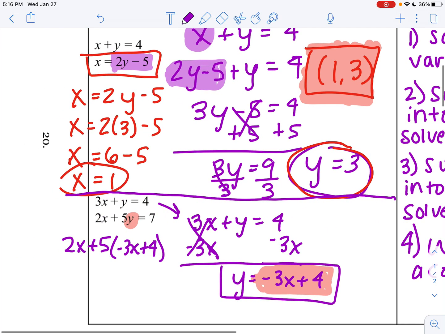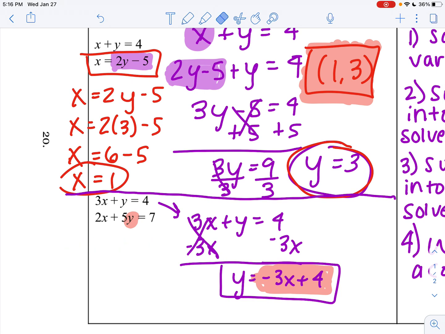I'm just going to scoot this over. Again, remember your y here is negative 3x plus 4, which is also what y equals there, and we just substituted it in for y up here, okay?